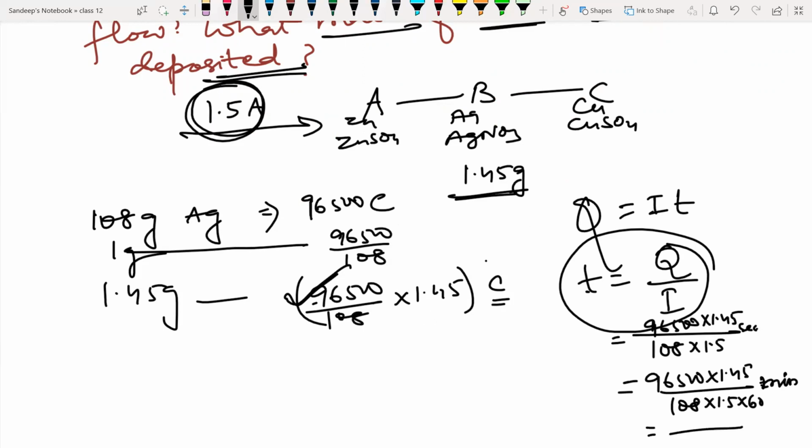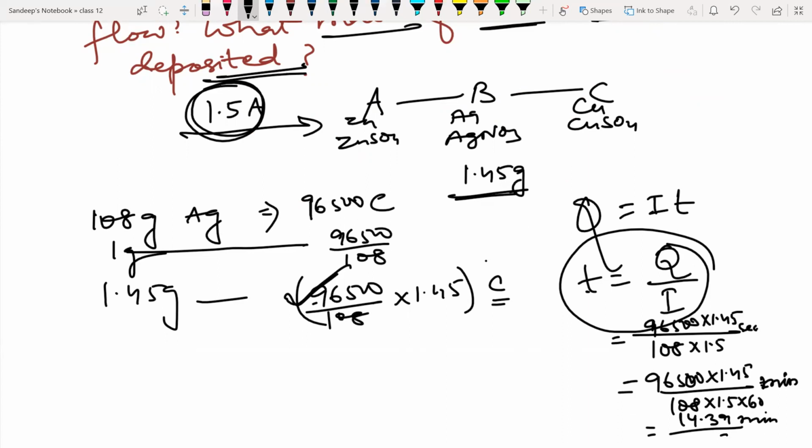So let me just calculate the time. 96500 into 1.45 divided by 108, divided by 1.5 and 60, so it is 14.39 minutes.